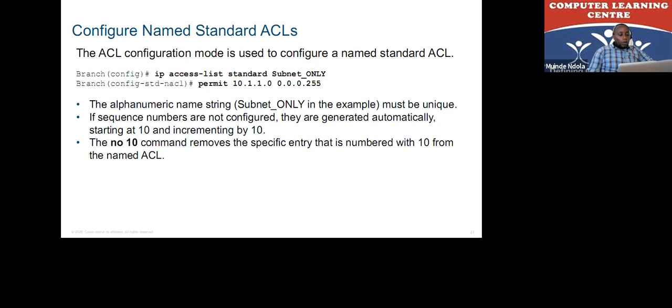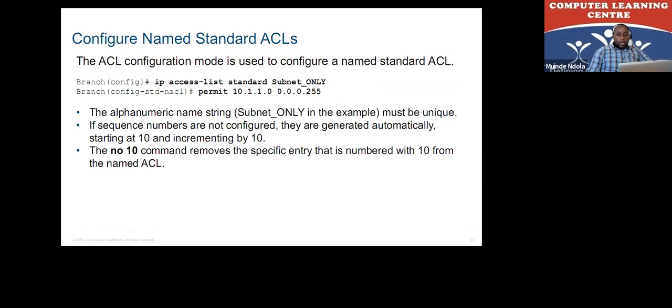After you do that, you're going to enter into the access list mode. And when you enter into the ACL mode, you don't need to keep on using the words access list 1, access list 2. You just do it within that statement.